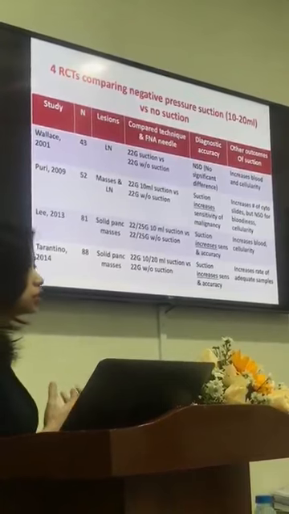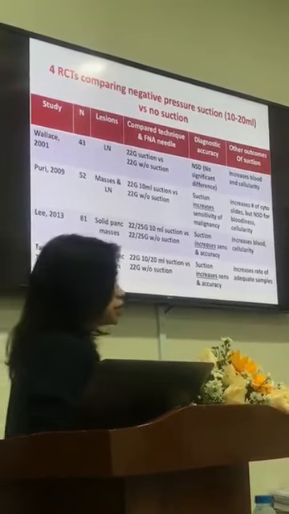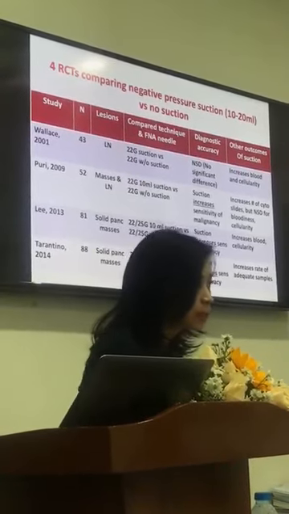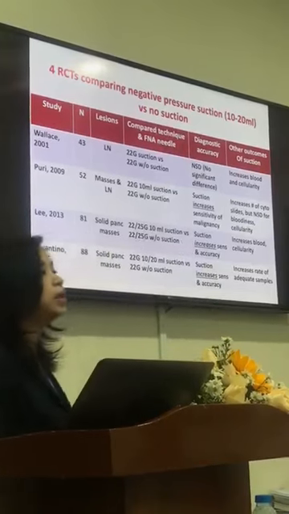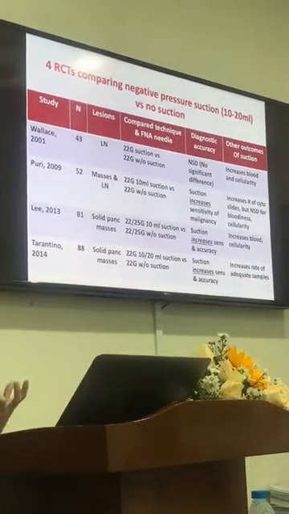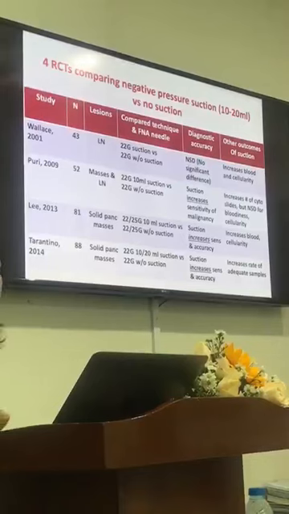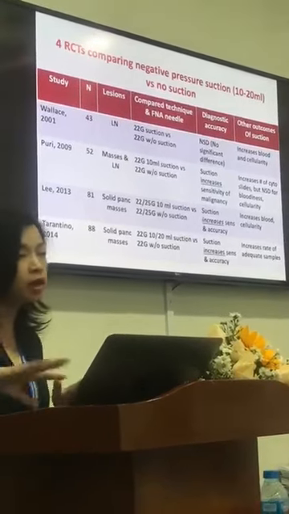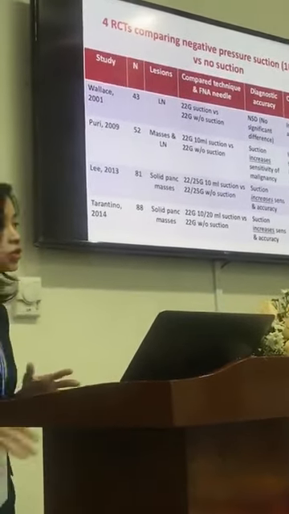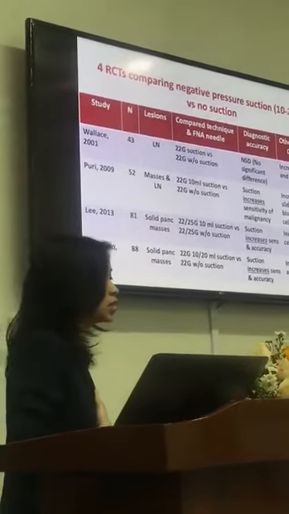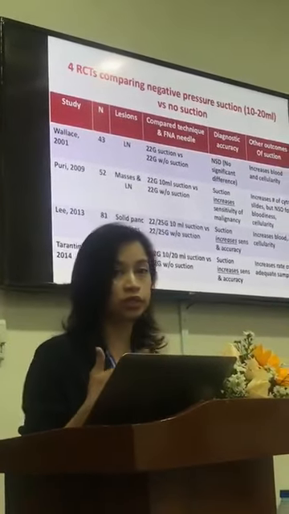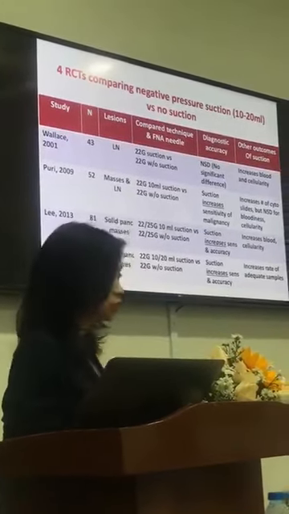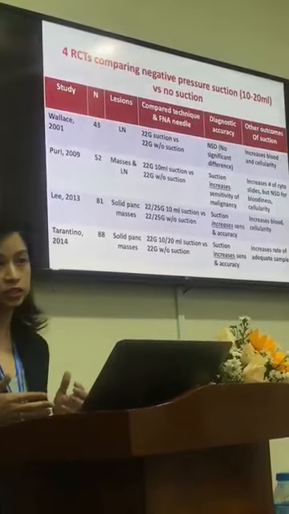So the story of suction now turns out to be that the suction is actually helpful, but if you have any lesions that are very hypervascular or tend to bleed very easily, you might want to avoid using suction. So in my own practice, I start off with no suction, and if I don't get any tissue at all, then I would add suction.